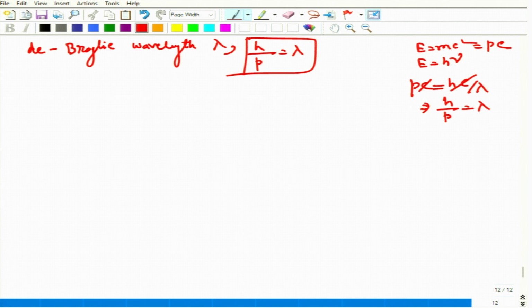Okay. So that lambda is given, and from lambda and h we can find that p should be equal to h by lambda. But p is the momentum, and we need the energy, the total energy. So that should be equal to p into c. From that also we can do it, right?